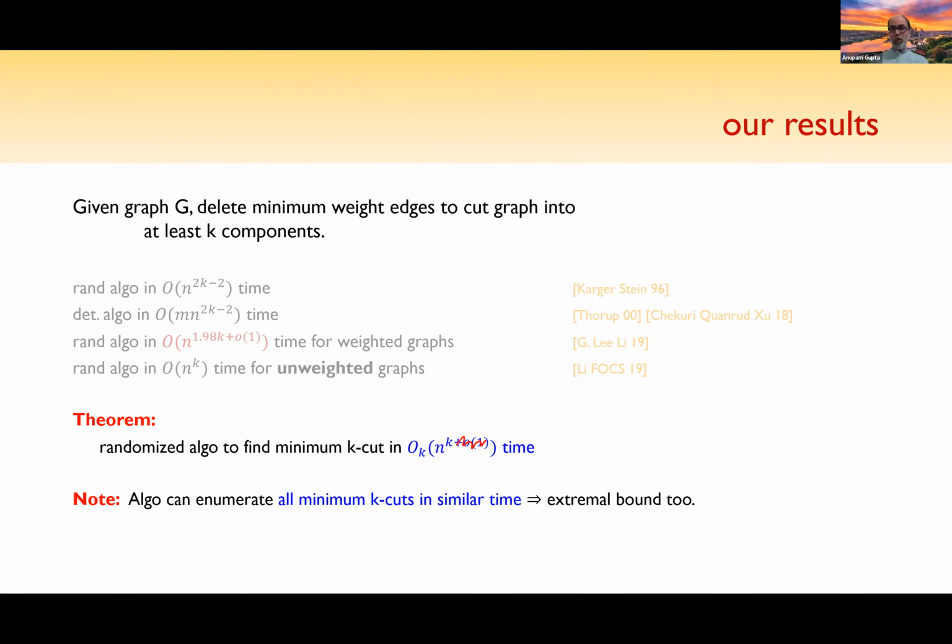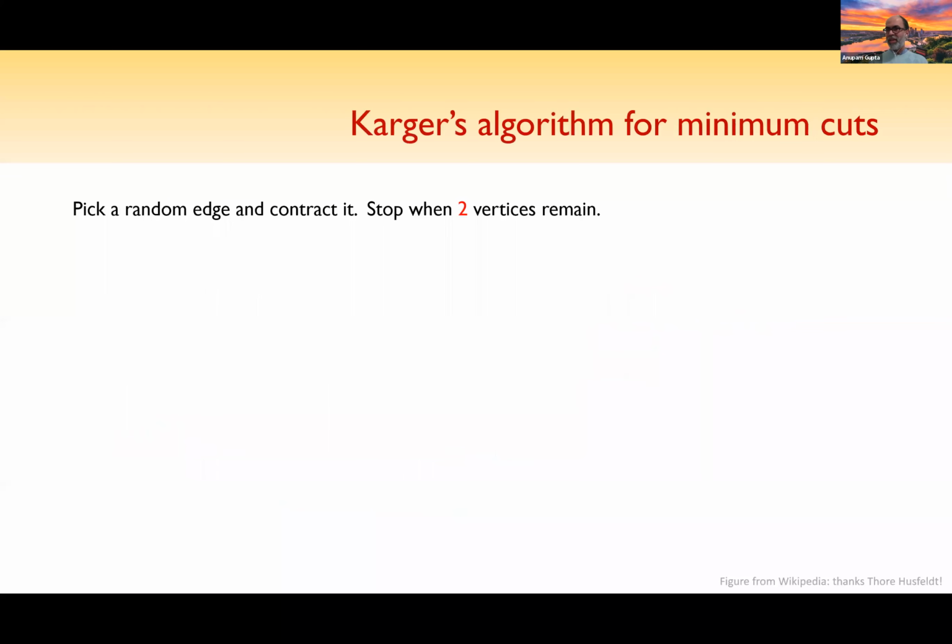Good. So it could be the right answer is n choose k for the number of k-cuts. It'd be very nice to prove it, very clean. For k equals 2, this is tight, as you mentioned. And in fact, the proof comes from Karger's algorithm. For those of you who haven't seen it recently, it's one of my favorite algorithms. It's the algorithm for minimum cut in a graph, just minimum 2-cut.